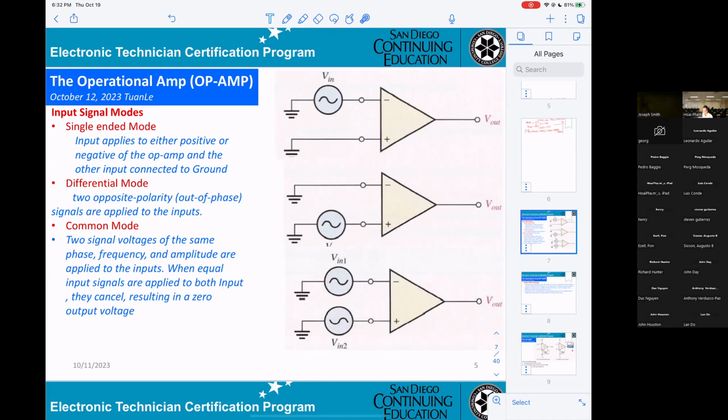If you get noise on both sides, the op-amp will try to cancel that out. Only your signal. Make sure the signals applied must be opposite. They cannot be the same phase, same amplitude, or same frequency. That means the signals are identical, and that is considered to be noise. Okay?